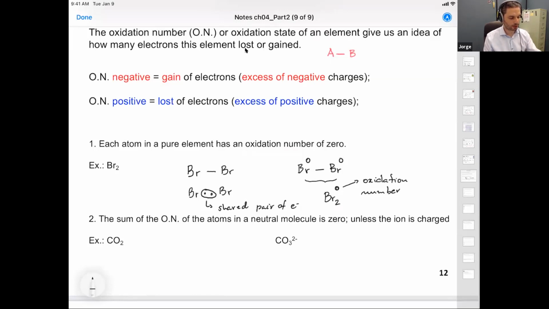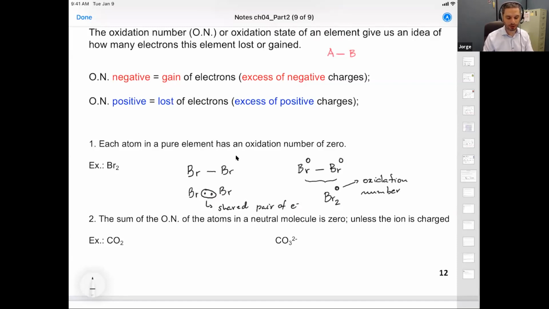All right, moving on, let's move on to the second rule. The second rule says that the sum of the oxidation numbers of the atoms in a neutral molecule is 0, unless the ion is charged. So that means when we have 2 atoms combining and the atoms are from different elements, someone will lose electrons and someone will gain electrons.